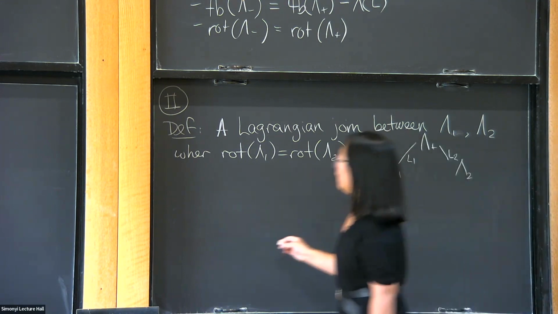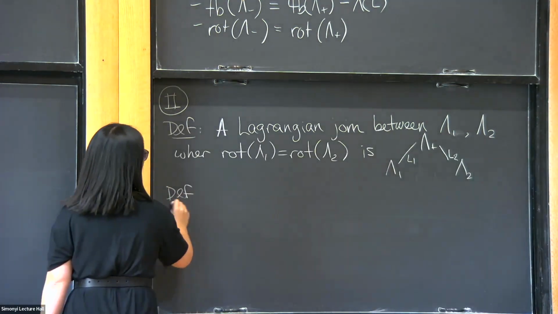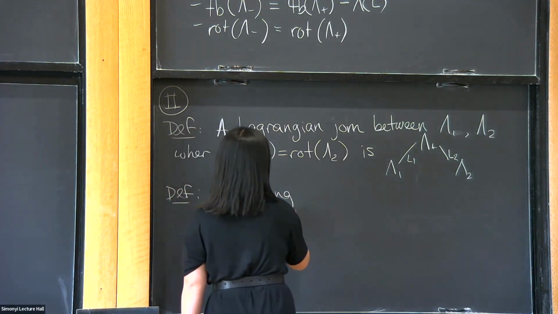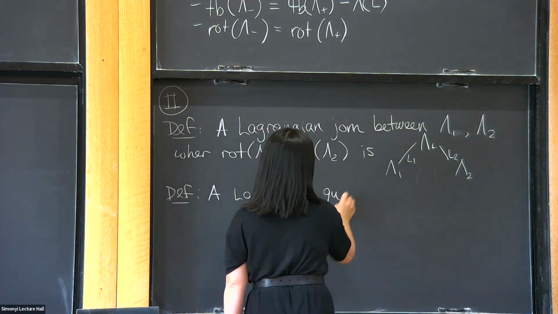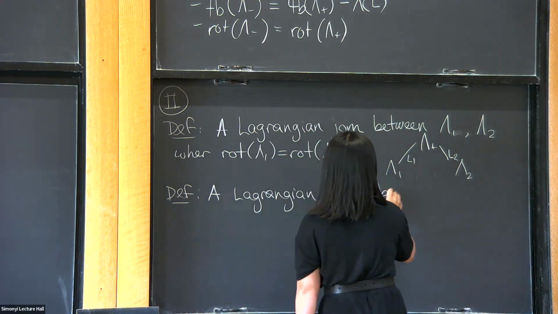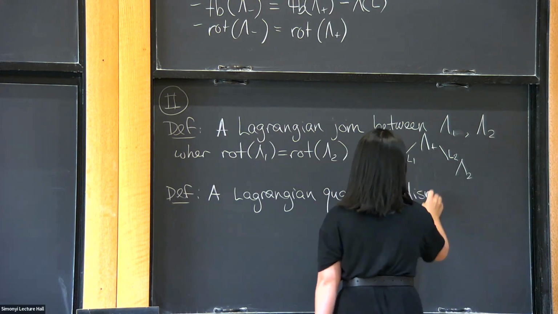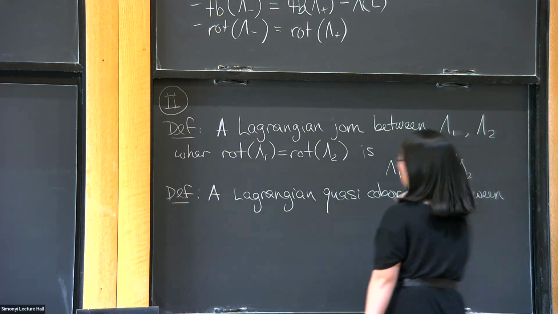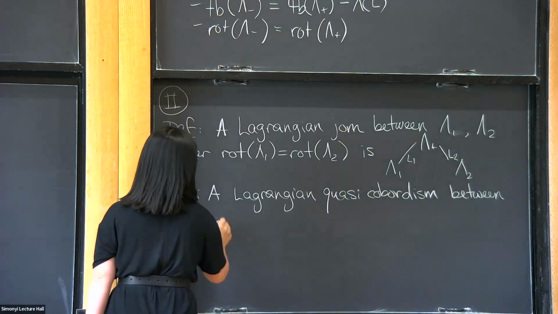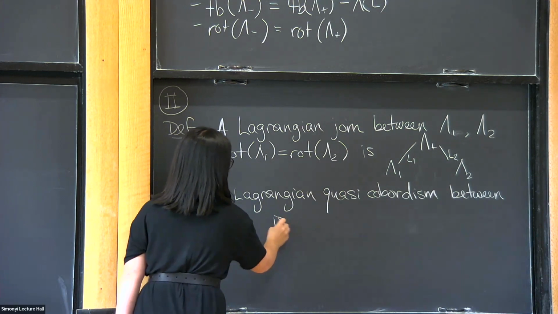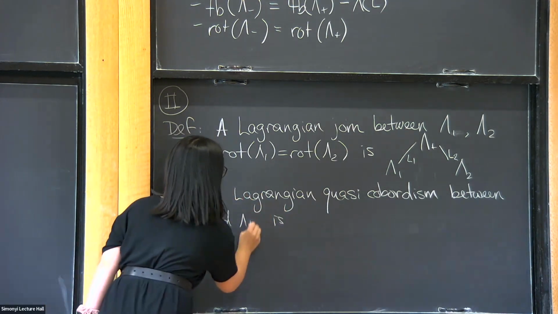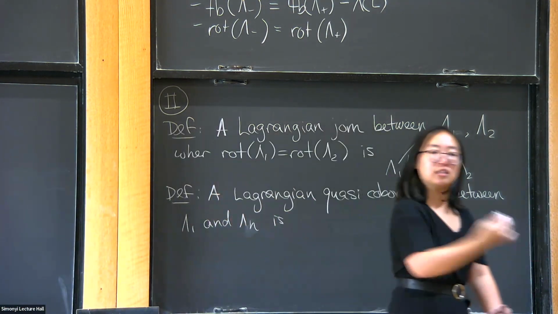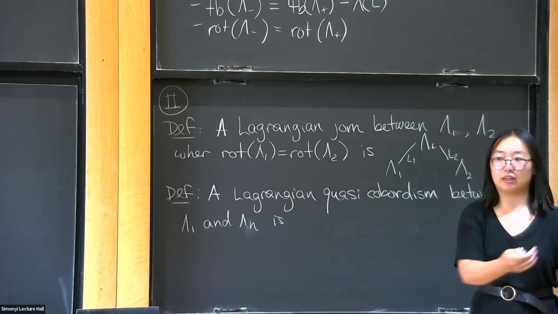Right? And then a Lagrangian quasi-cobordism between lambda 1 and lambda 2, or actually let me call this lambda n, where they have the same rotation number, is then just a sequence of Lagrangian joins that go from lambda 1 to lambda n.